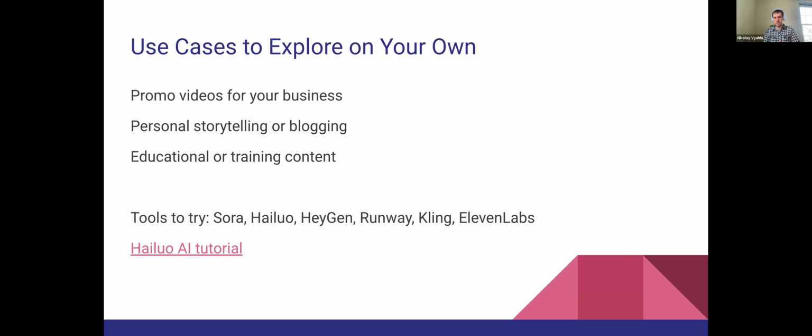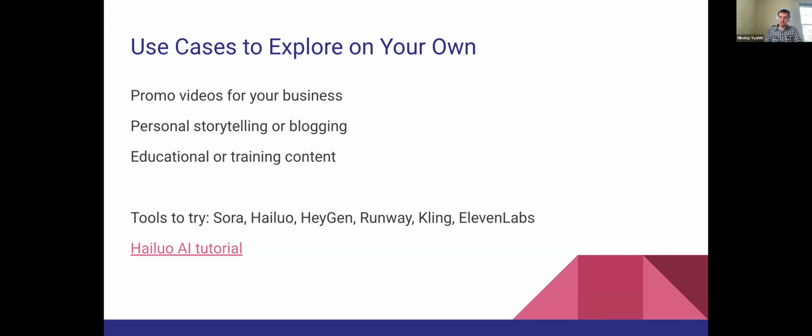Hailuo, I think, has credits, and they also have daily free credits, so you can use it daily. If you want to use them very intensely, you will need to pay money because video generation is expensive in terms of compute and GPU. But to try it out, you don't need to pay these products.